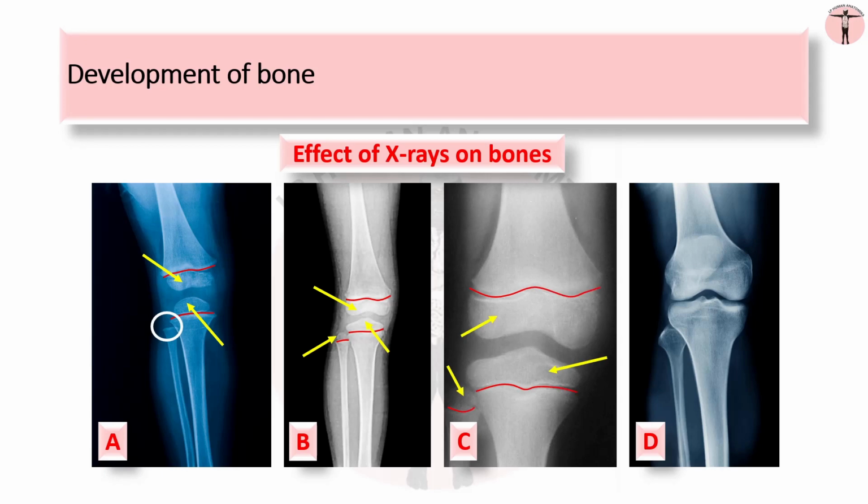X-rays B and C are of a teenager or an adult below 21 years of age since the ossification is not completed. In X-ray D, ossification is completed by the fusion of epiphysis and diaphysis. If epiphyseal plates are not visible, the X-ray is of an adult since the ossification is completed.